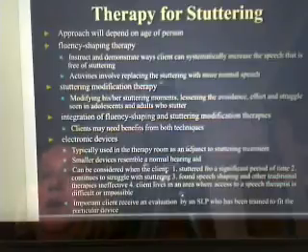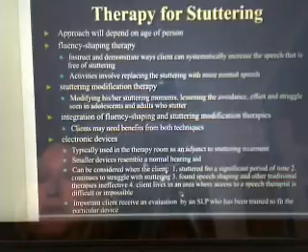Like I mentioned, therapy often involves integration of both fluency shaping and stuttering modification therapies, and oftentimes clients benefit from both of those strategies.